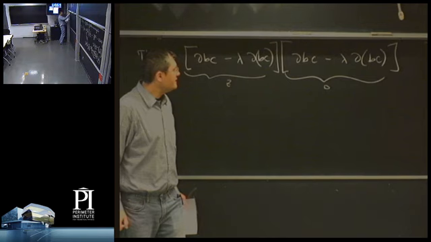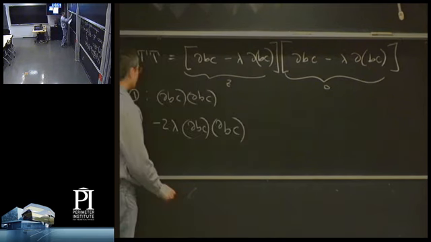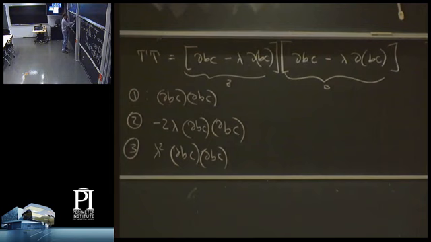So I have T, right? So that's equal to del bc, and then I have minus lambda del bc, and then I have del bc, okay, minus lambda del bc. Okay, so there is a new element in the analysis that comes in here, and so I want to use this exercise in detail.